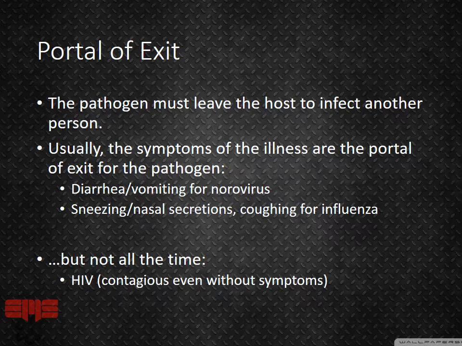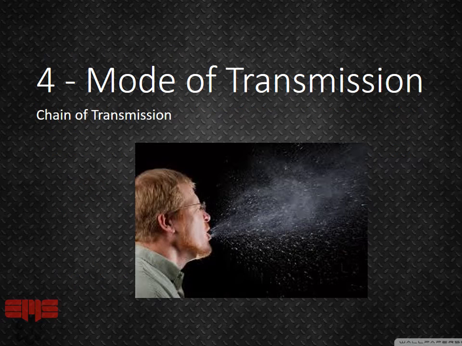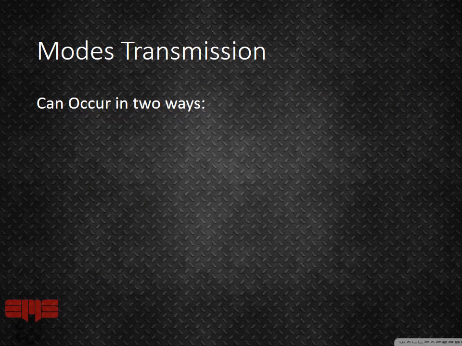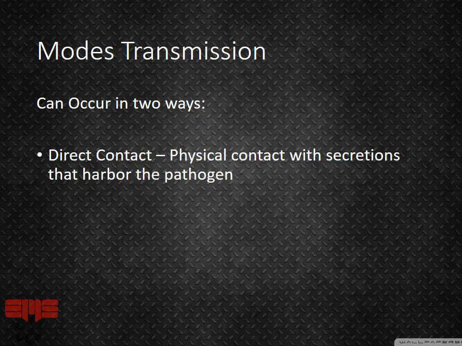For example, HIV is contagious even without the symptoms, but the portal of exit for HIV would be body fluids. Mode of transmission occurs in two ways. We have direct contact, so we have a physical contact with secretions that harbor the pathogen.